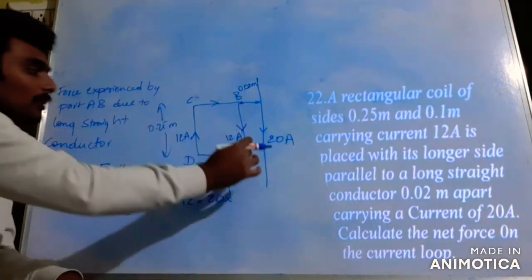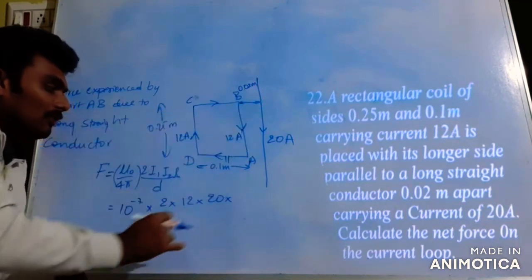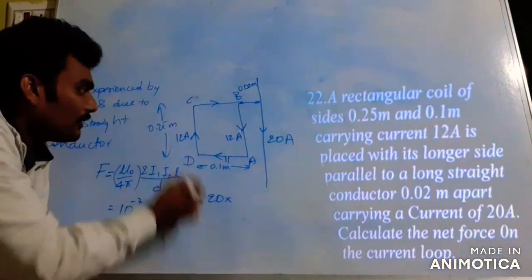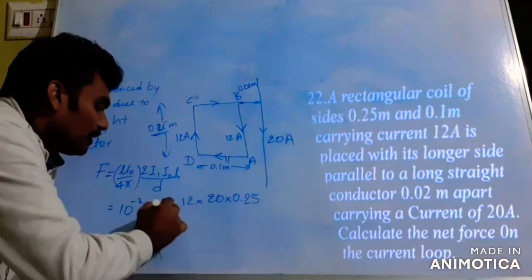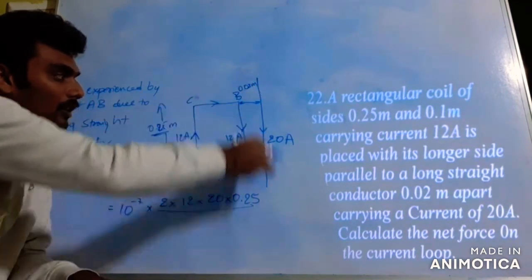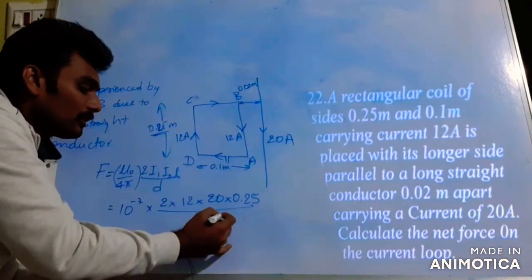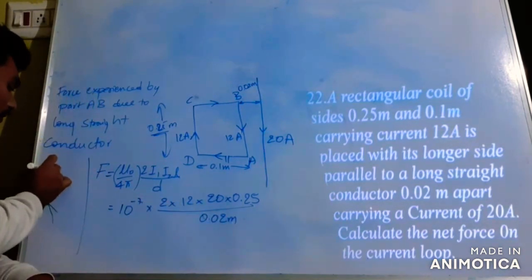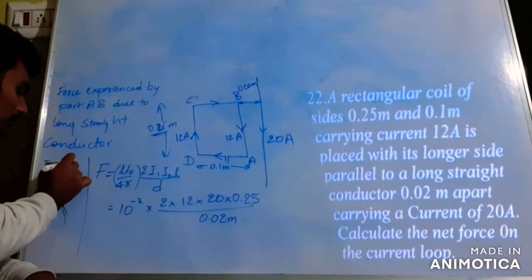From here to here, this is the length which is experiencing the force, 0.25 meter, divided by the distance between the conductor AB and the long conductor, which is simply 0.02 meter, right? You can take the given factors. I1, current through this part, is 12 ampere.